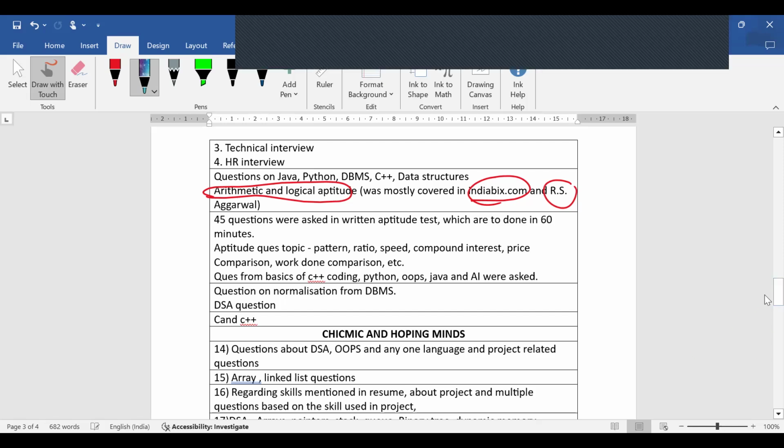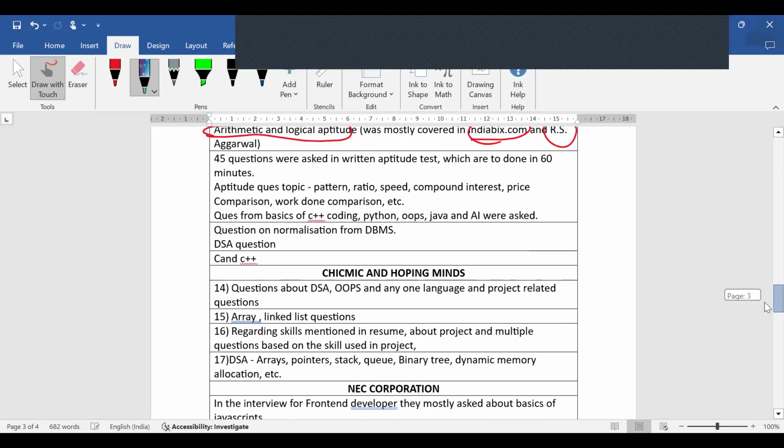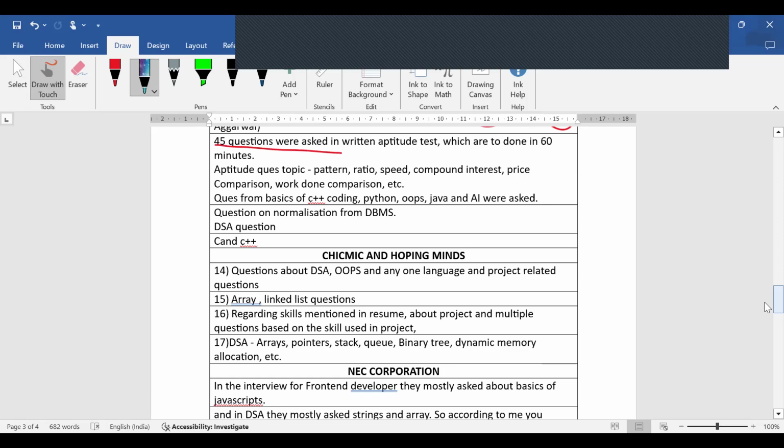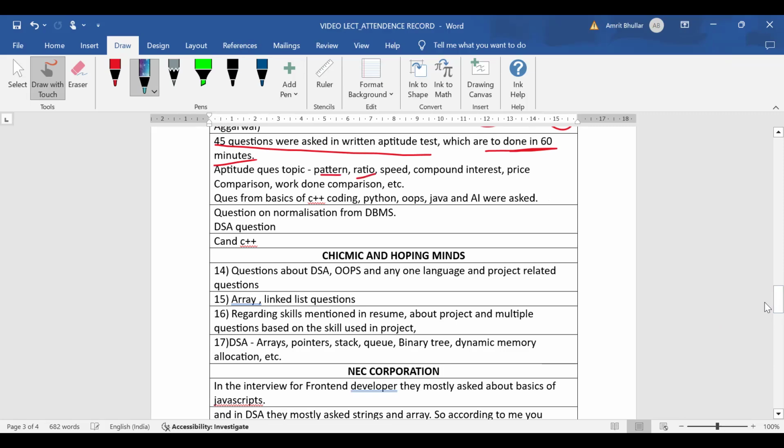The students gave feedback that 45 questions were asked in the written aptitude test, to be completed in 60 minutes. The topics were pattern, ratio, speed, compound interest, price comparison, work done comparison, etc. All these you can find on indiabix.com.